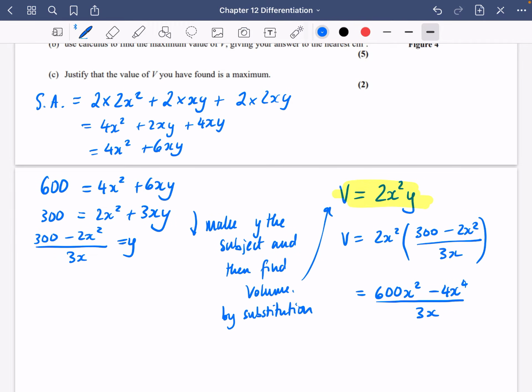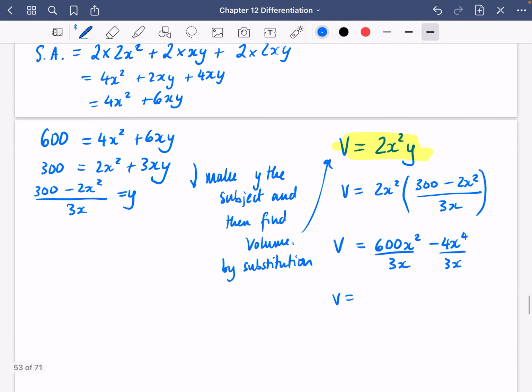Now, instead of doing the whole thing divided by 3x, you know that you can just do this one divided by 3x and this one divided by 3x. So when we simplify this, the 600 divided by 3 is 200, and the x squared divided by x is x. And then here we've got the x to the power of 4 divided by x, which is x cubed, and we've got the 4 over 3.